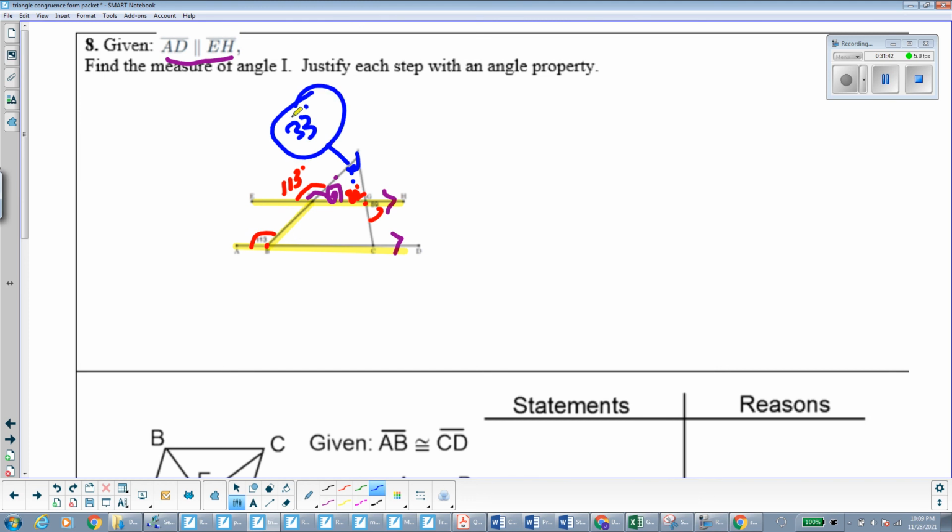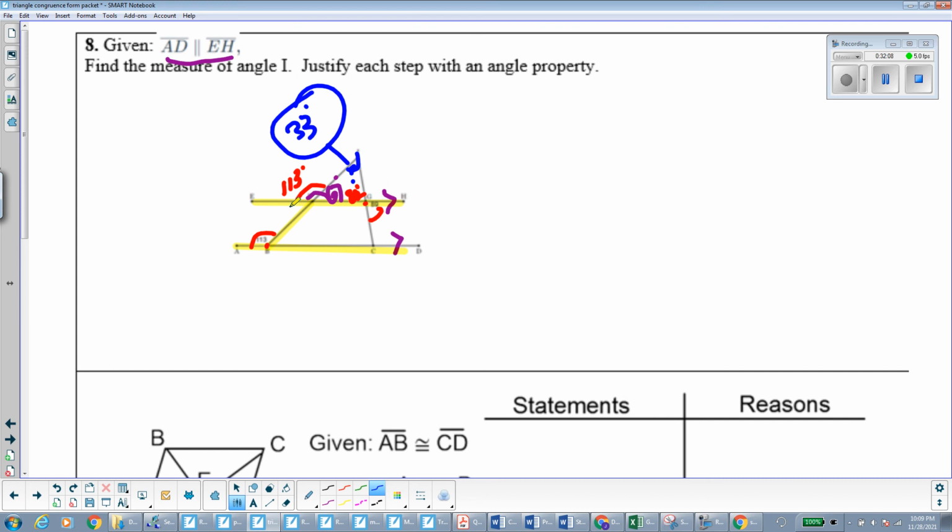It does say justify each step with an angle property. So to figure out this 113-degree angle here, we used corresponding angles are congruent when lines are parallel. To find the 67-degree angle, we use the fact that angles that are supplementary form a straight angle or add to 180 degrees.